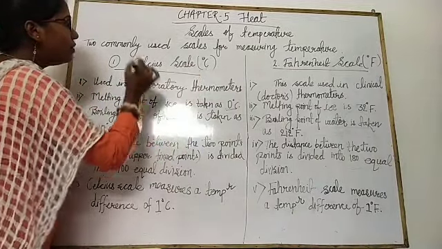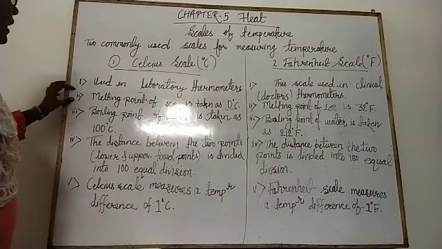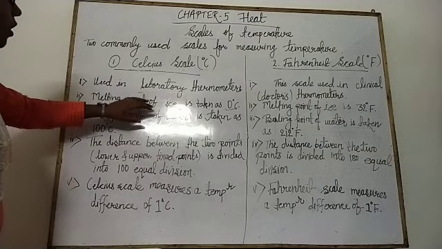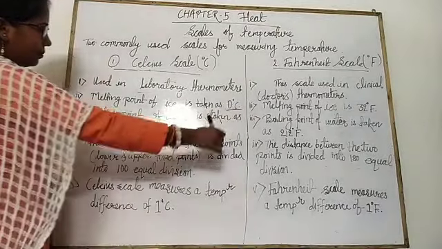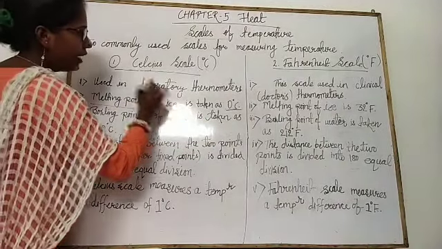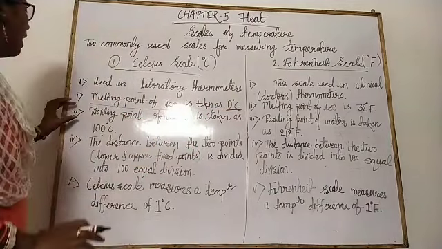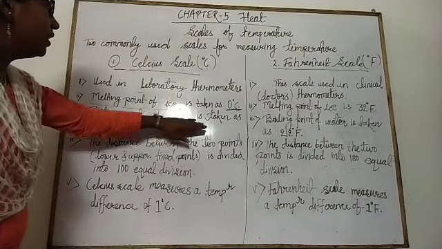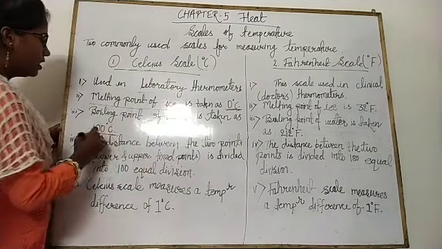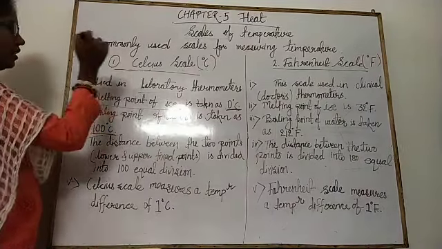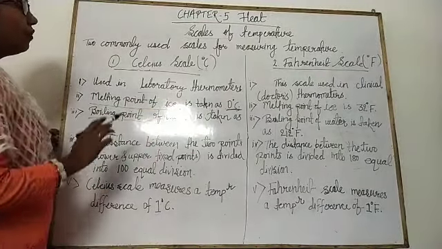Second, in the Celsius scale the melting point of ice is taken as 0 degree Celsius, and the boiling point of water is taken as 100 degree Celsius.